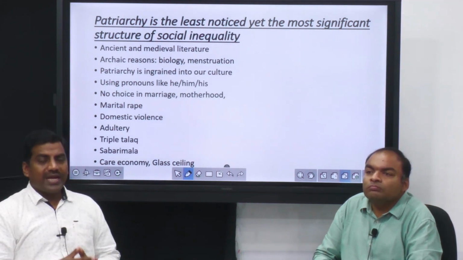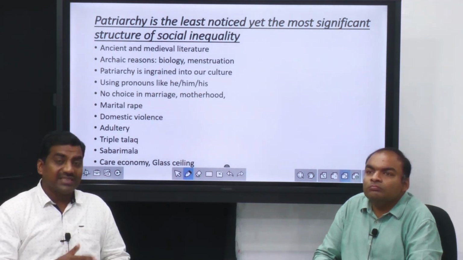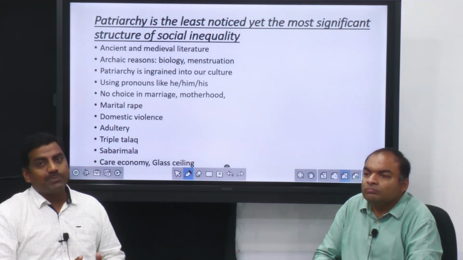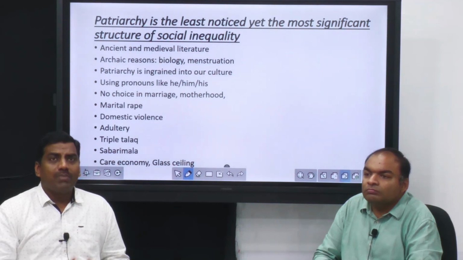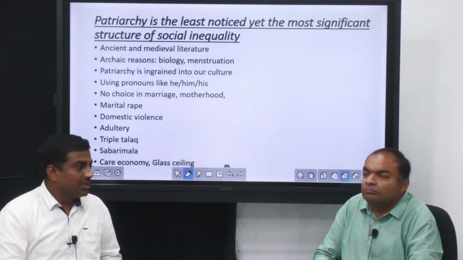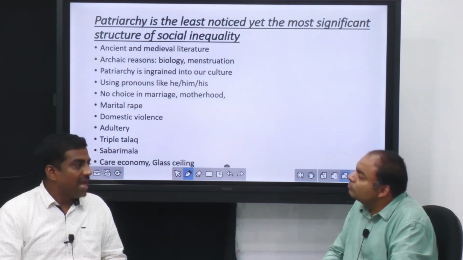And while you write about patriarchy and social inequality, in the second paragraph of the body you can bring some of the aspects that have been present in our culture since many days. For me, I'll go to the ancient literature, maybe in any vernacular language in India.